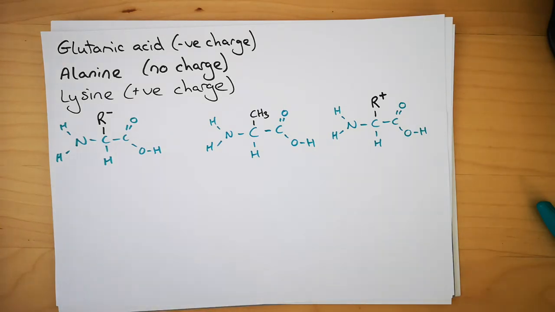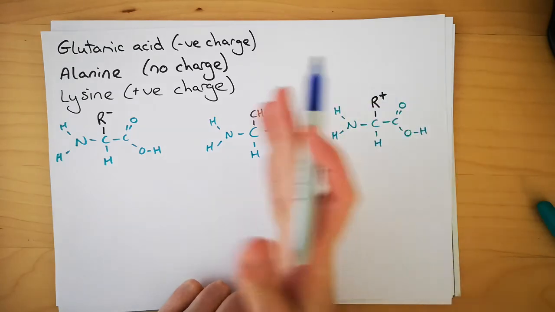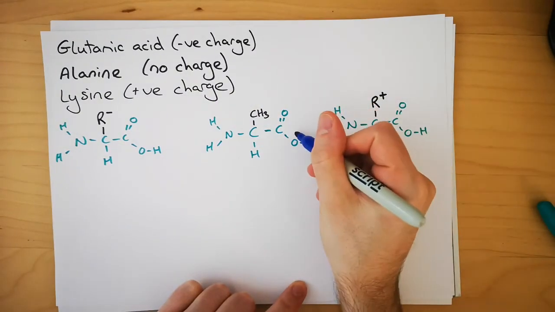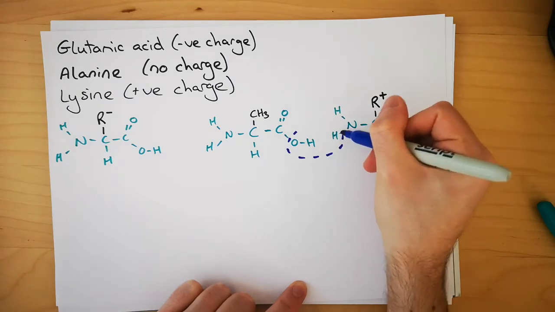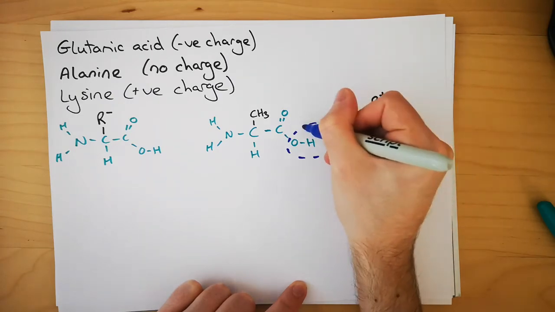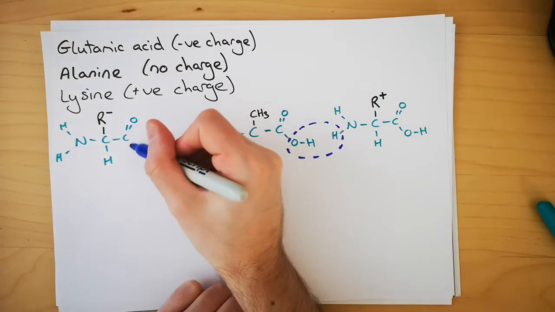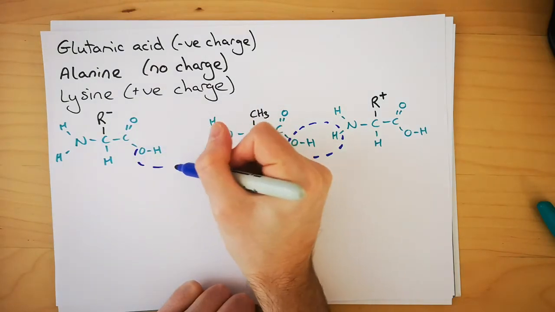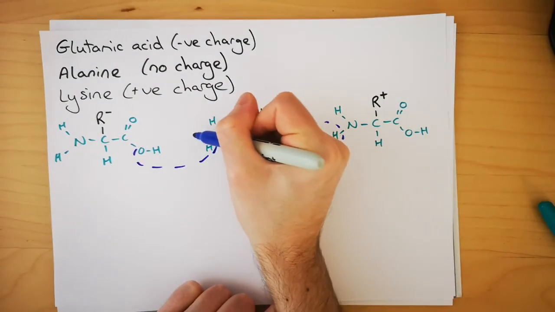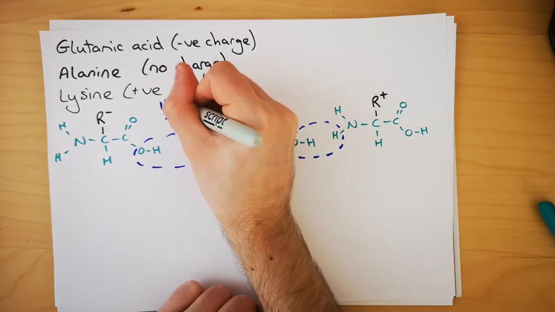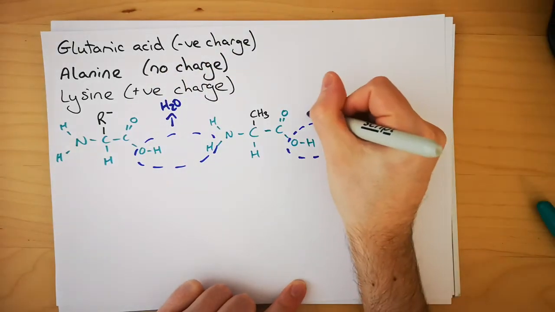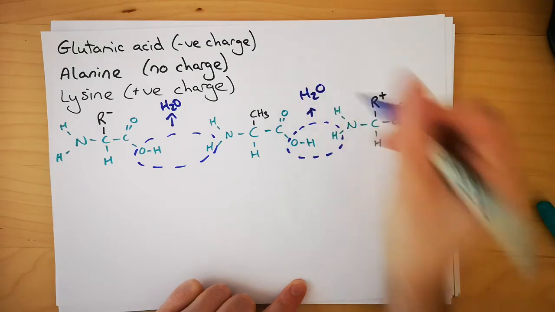Now, what we're going to do next is bond these together. We do that with our condensation reaction that will produce water. And so we'll get H2O coming out here and an H2O coming out here.